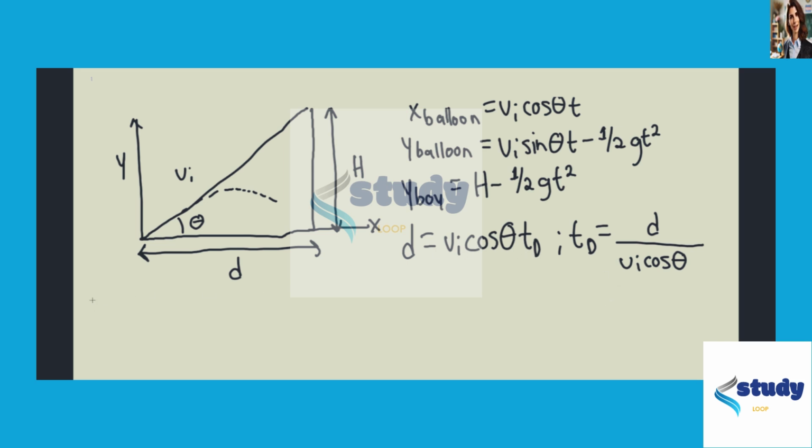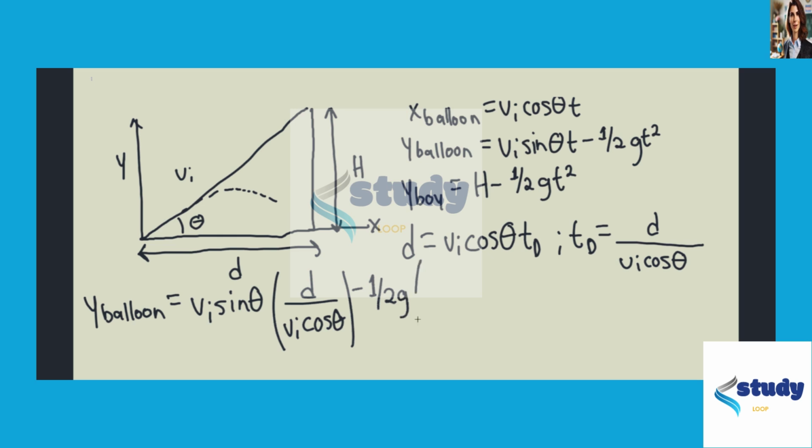So at that time, where is the balloon? We can say that y of the balloon would then be equal to v initial sine of theta, t sub d, minus half g t sub d squared. So we would essentially plug this into the equation for y balloon, and we get v initial sine of theta times d over v initial cosine of theta, minus 1/2 g multiplied by d over v initial cosine of theta, quantity squared.